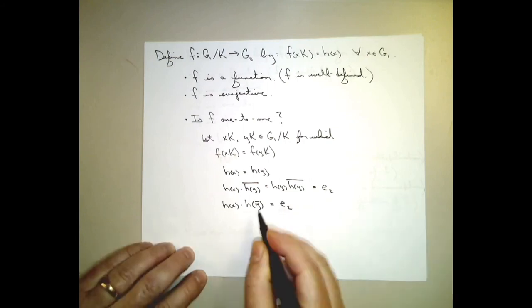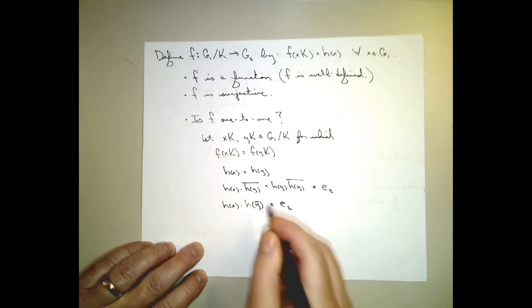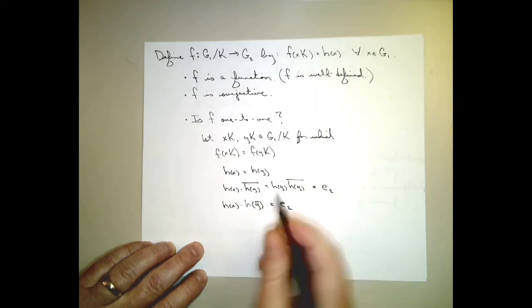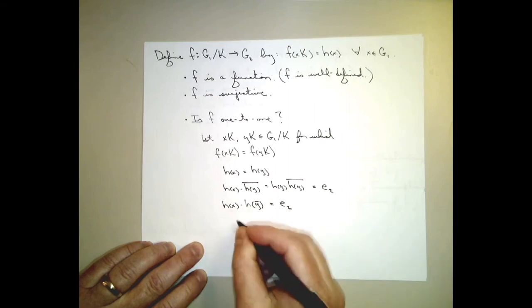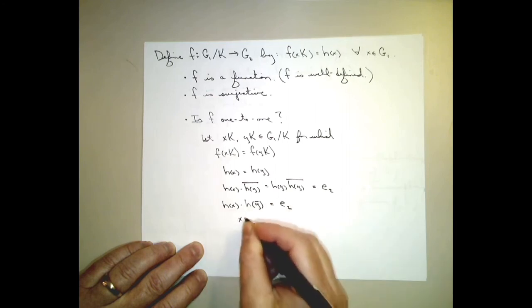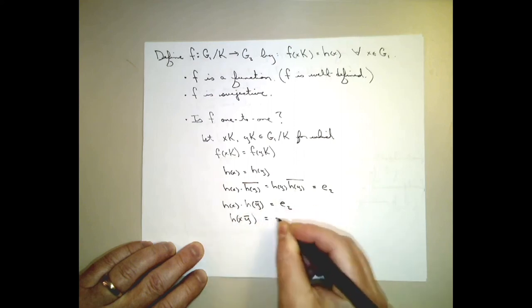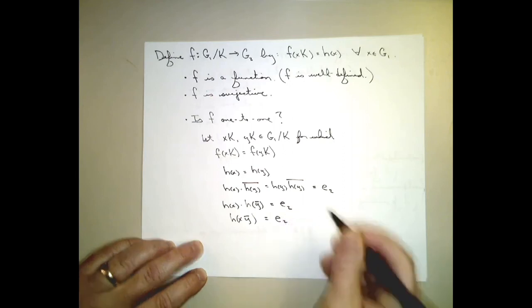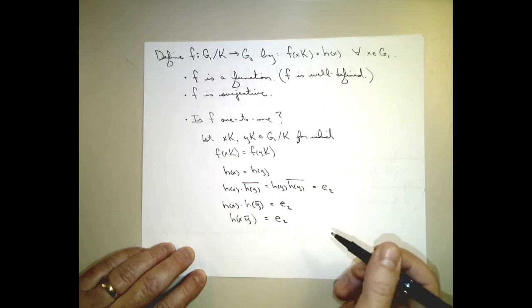All right. So at this point, we have h of x times h of y inverse is the identity element in G2. And because h is a homomorphism, it doesn't matter whether you look at the images first and multiply in G2, or you multiply in G1 and then look at the image, you get the same element. And so that tells me that h of x y inverse is equal to the identity element in G2.